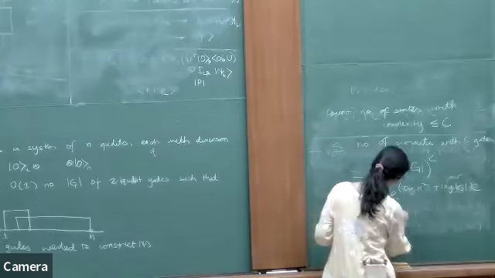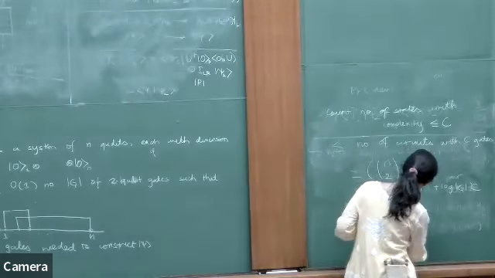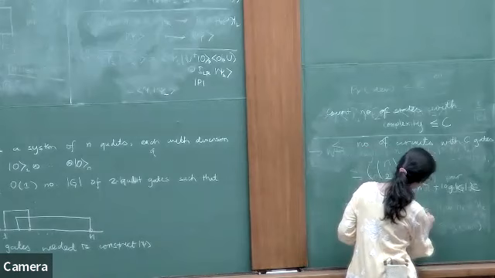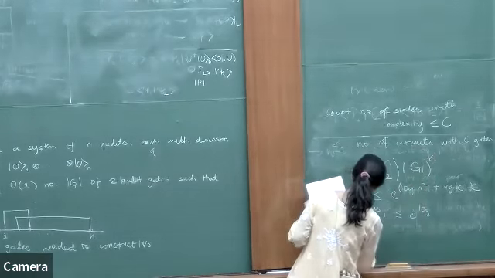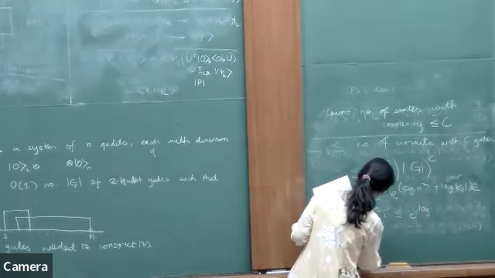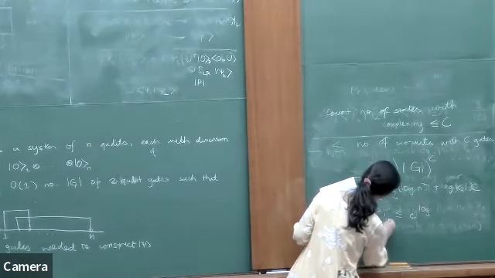So this is less than or equal to e to the log n, where n was the log of the dimension of L times the dimension of R, squared.